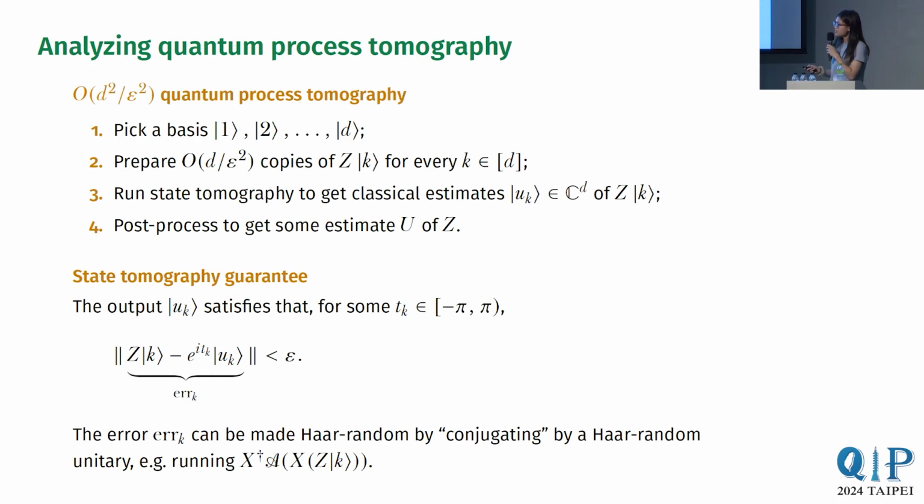And something I'll note is that you can conjugate this algorithm. You can apply a random unitary, prepending and postpending your algorithm with it, to make this error unbiased, so it's in a random direction.